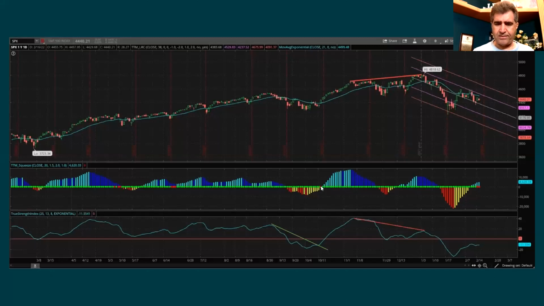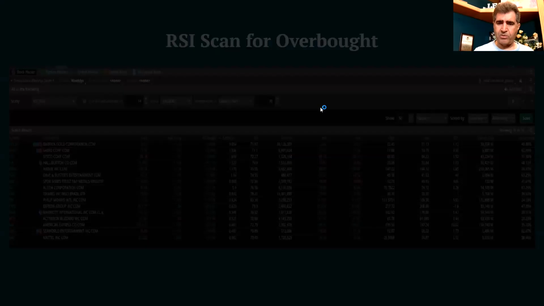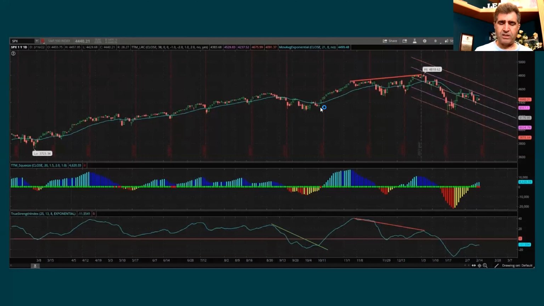We had a 1-bar squeeze. The momentum had changed. We broke above the 20, and also the TSI has broken its trend line and broke above 0. So that gives you confidence that all the indicators are in harmony. So this is a good time to confirm the buy signal.